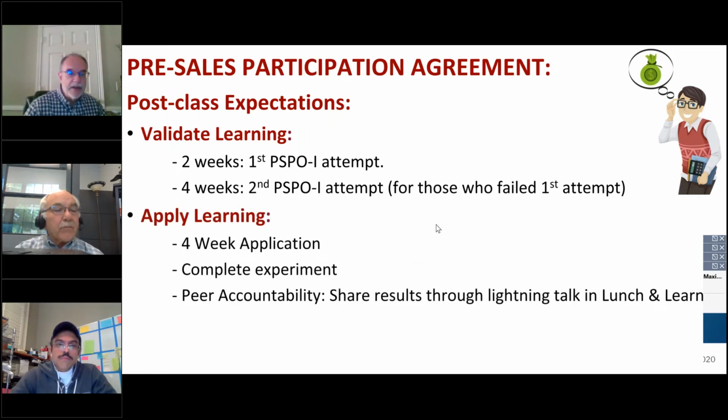And so if they did need a second attempt, they agreed to do it within 4 weeks. And then they agreed to apply the learning. We wanted to have them, as a follow-up, do a 4-week experiment, take one aspect that they had learned in the PSPO class, and share results through a lightning talk in a lunch and learn that we did.